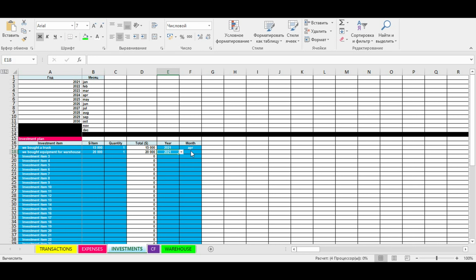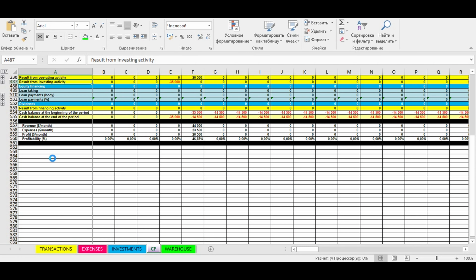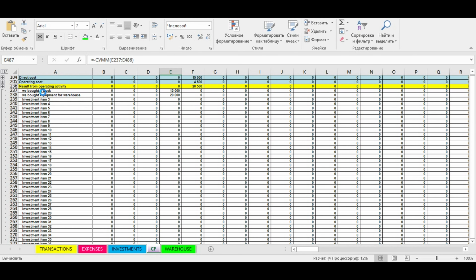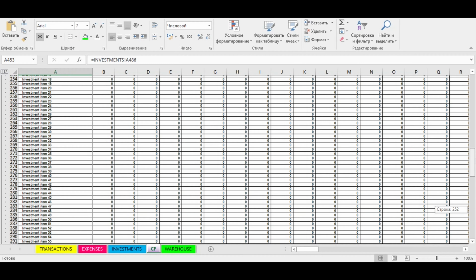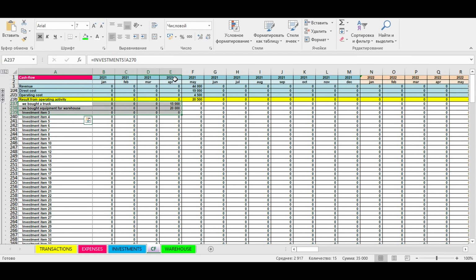We bought it in, for example, April. Now we can go to cash flow statement, and here in our result from investing activity we can press plus and see our investments. Here they are in April.